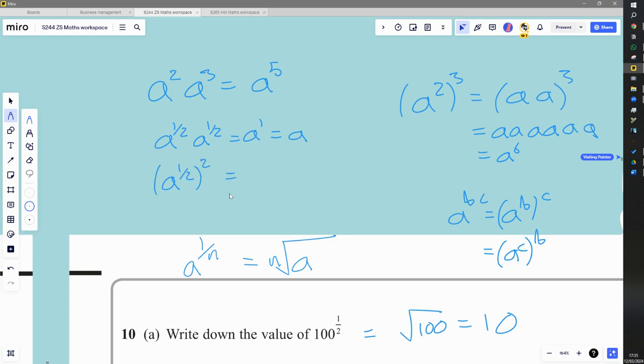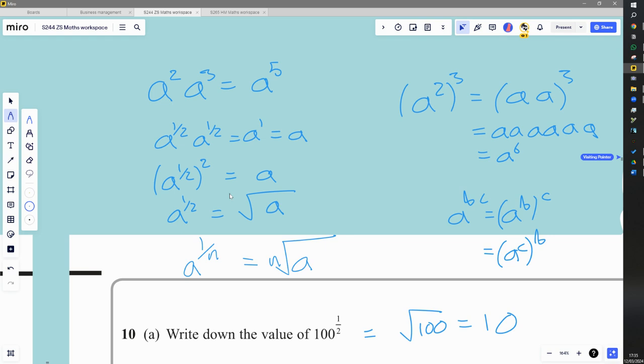So that's equal to a. I could have actually used the other rule then, couldn't I? Never mind. So now I can square root both sides. If I square root the left, it just cancels out the square, leaving me with just a to the power of half. I square root the right, and it leaves me root a.